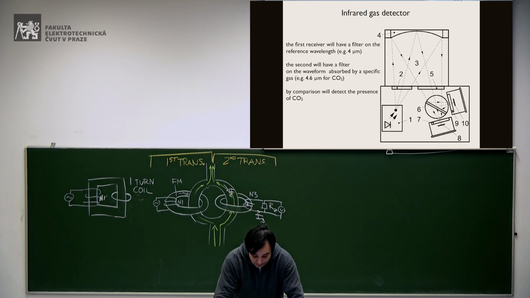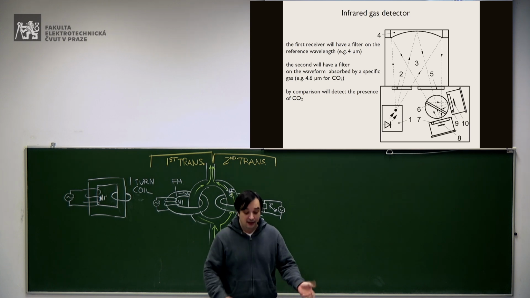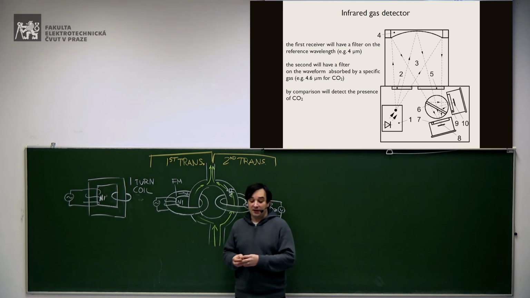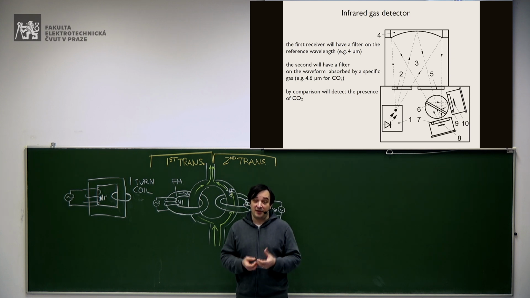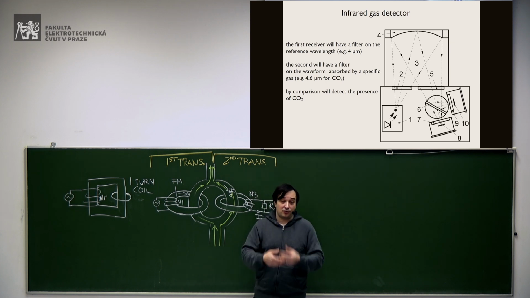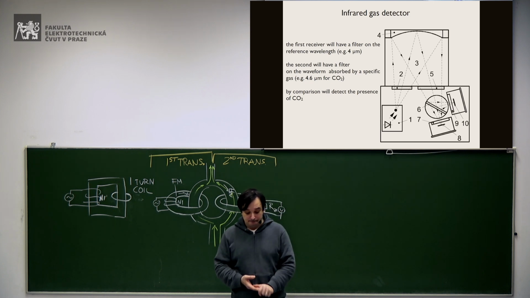And what you do is to check what you have at 4 micrometers. If you see that the radiation is decreasing also at 4 micrometers, it cannot be the carbon monoxide. It's some other source of error. For instance, the fact that the source of light decreased, okay?